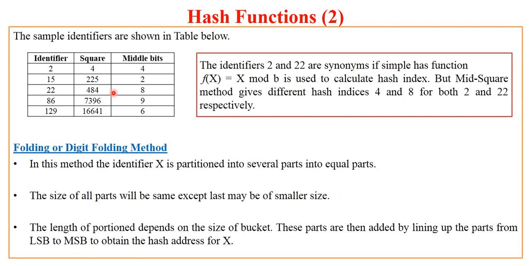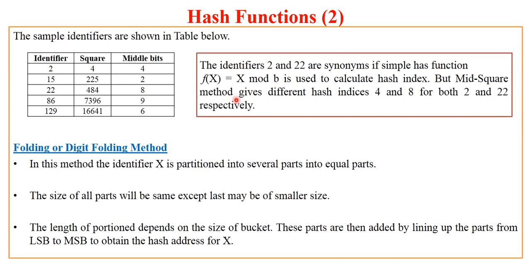Now as per our method, we choose the middle digit. As there is only one digit, we choose that 4 as the address of 2. For 15, 2 is the middle digit, so 2 will be the address of 15. This way 22 will go to hash address 8.